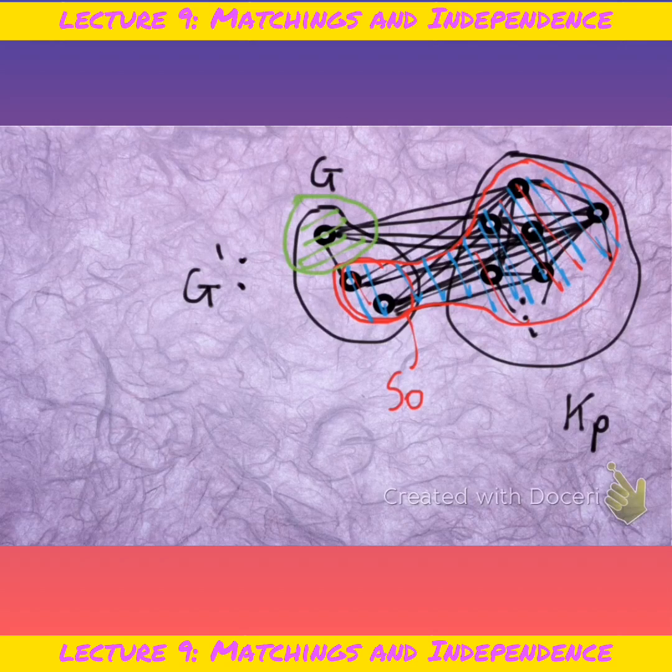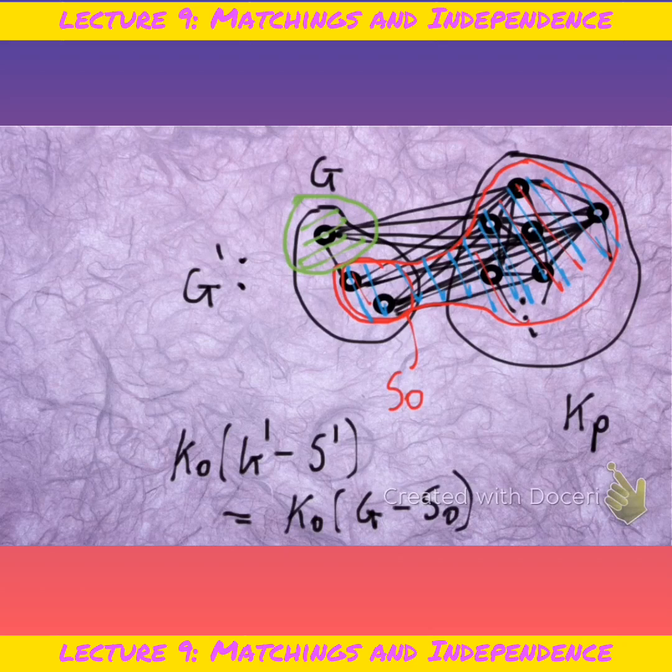The number of odd components of G prime minus S prime is going to be exactly the same as the number of odd components of G minus S0, which is basically the number of odd components I get in that section of the graph once I've deleted this whole set here.